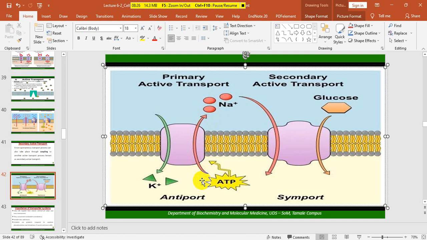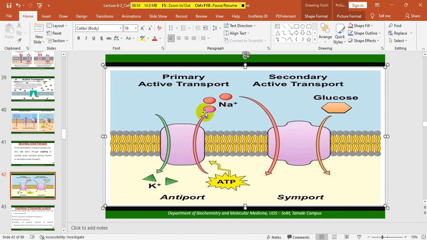So the cell will swell up with water, and we don't want it. That's why the sodium-potassium pump pumps sodium out of the cell against a concentration gradient, meaning that the sodium in the cell is very small and the sodium outside the cell is highly concentrated, but still the enzyme will pump the small sodium in the cell out, because we don't want to entertain a lot of salt in the cell.